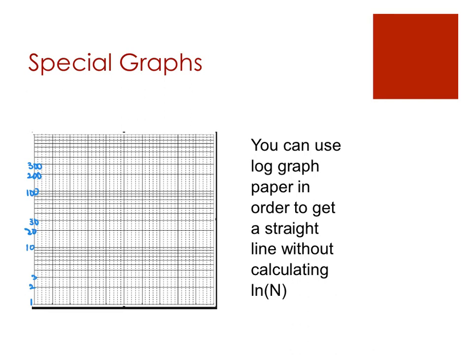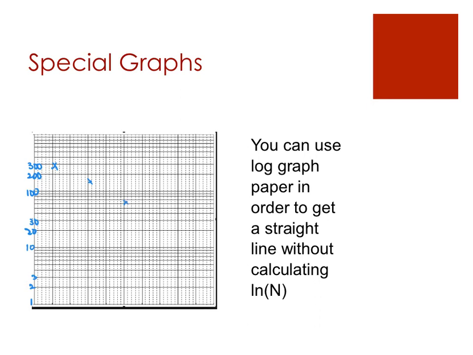What this would do is I wouldn't actually have to calculate ln N and then graph that value. I could just plot the actual values I have. Let's start up here with, let's say I had 300, and then I had 150, which will be in here somewhere, and then I would have 75, would be in here somewhere.